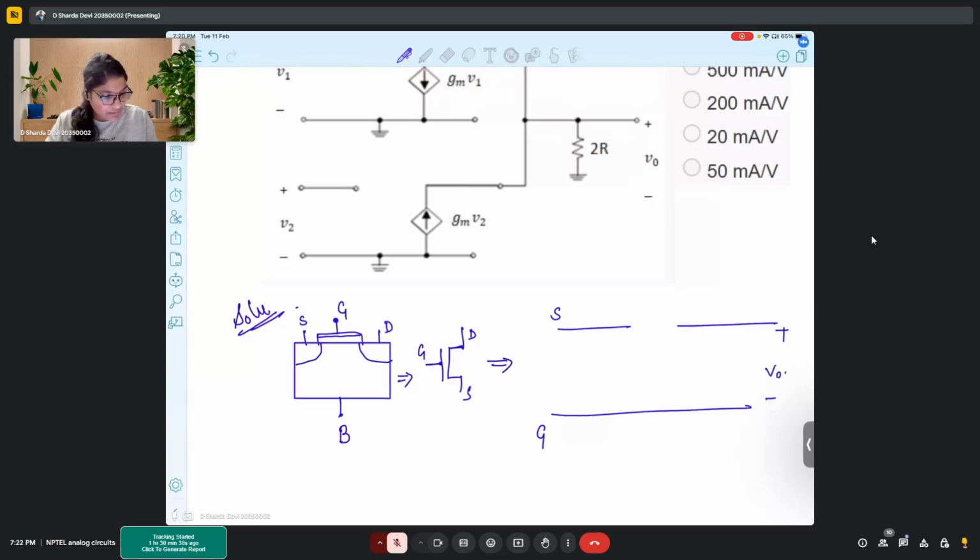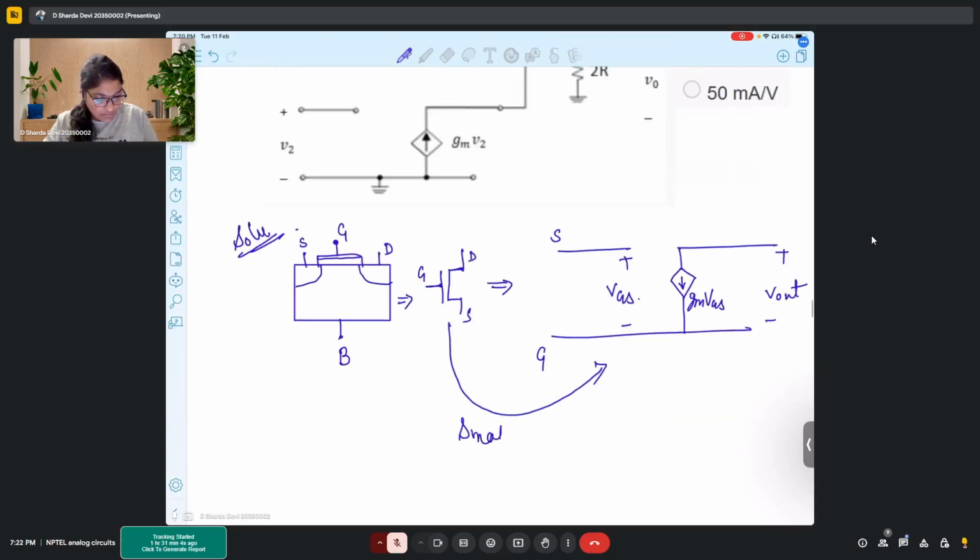Here you will have V out. This is plus minus VGS. And here you have a voltage controlled current source, that is gm VGS. Okay, this is its small signal model.